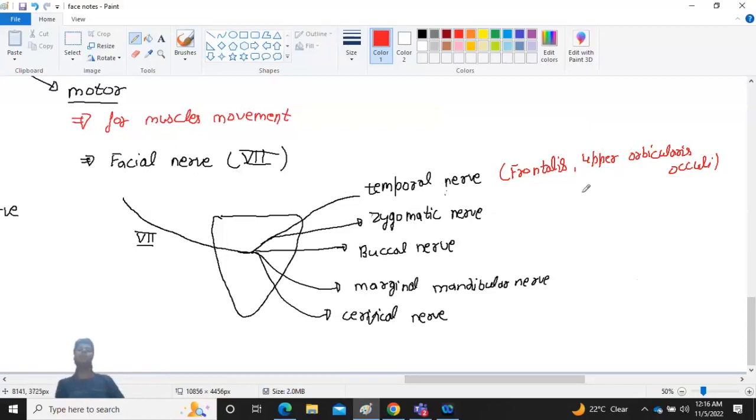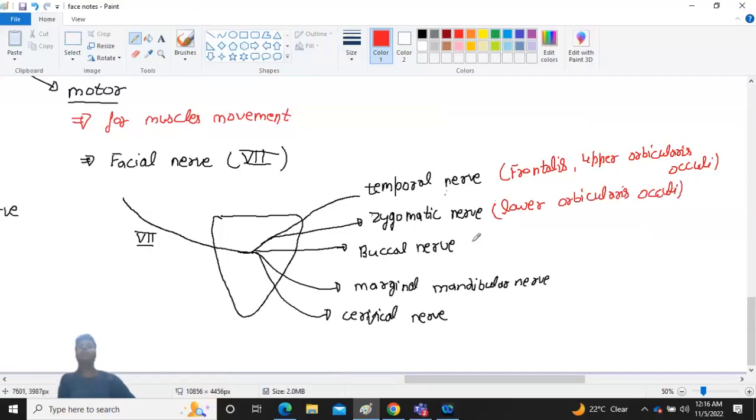All these muscles are supplied by the temporal nerve. Then the zygomatic nerve supplies the lower orbicularis oculi.